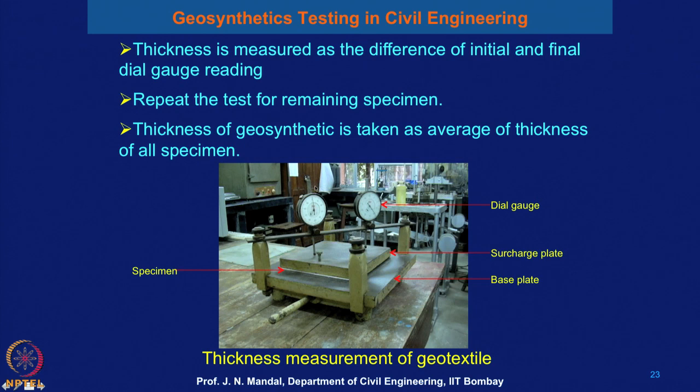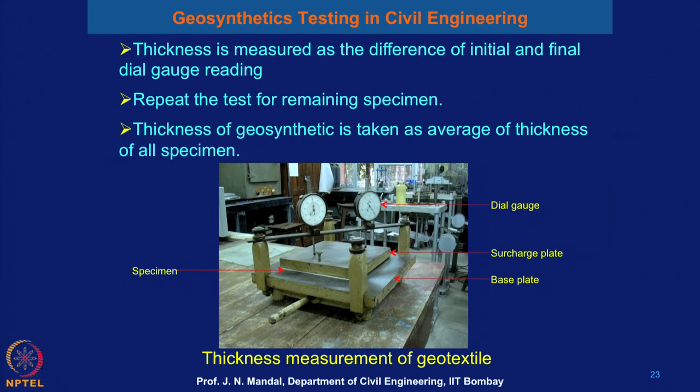Here is a dial gauge, and you take the reading on the dial in the initial and the final stage due to application of the load, and repeat the test for the remaining specimens. So, the thickness of the geosynthetic material is taken as an average of the thickness of all specimens.